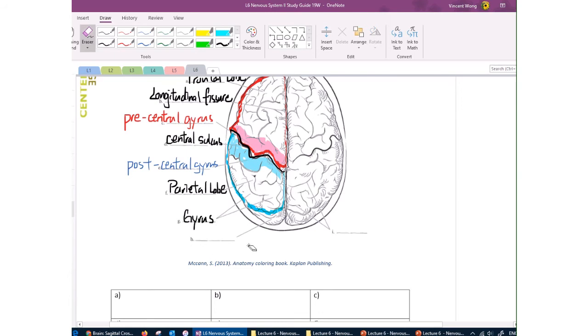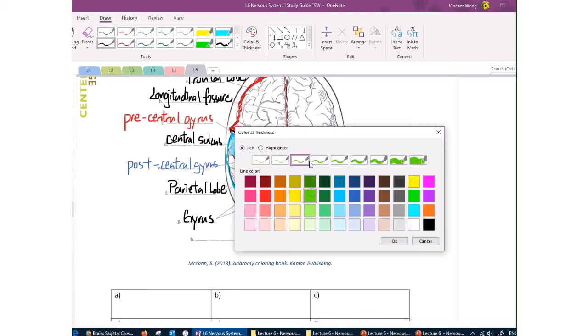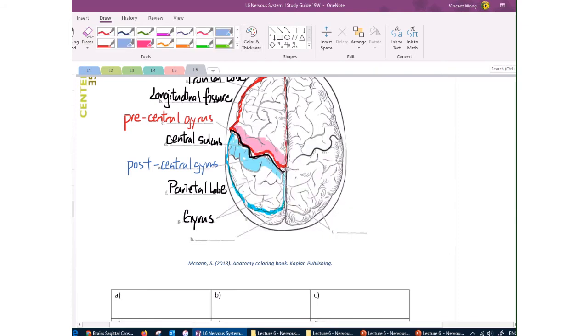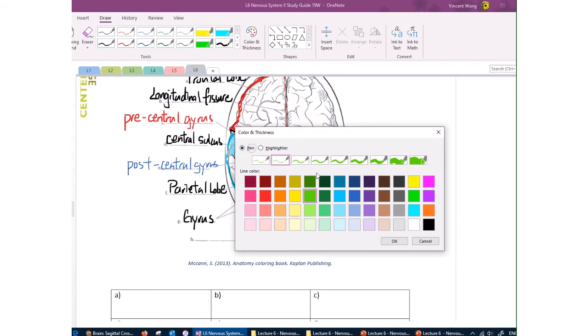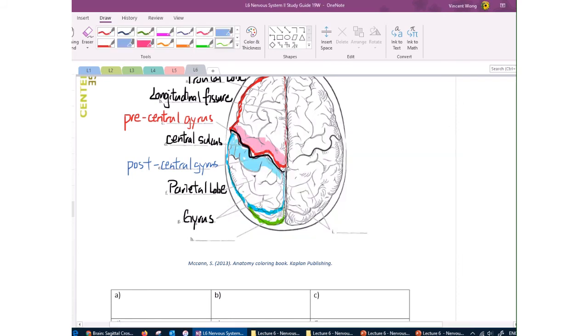And H here is pointing at this lobe at the back, and we can see a little bit of it here. That would be the occipital lobe. The function of the occipital lobe is to process visual information.